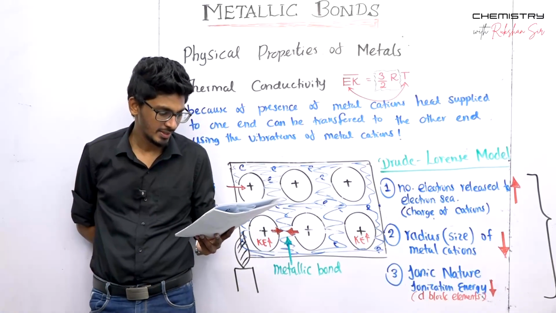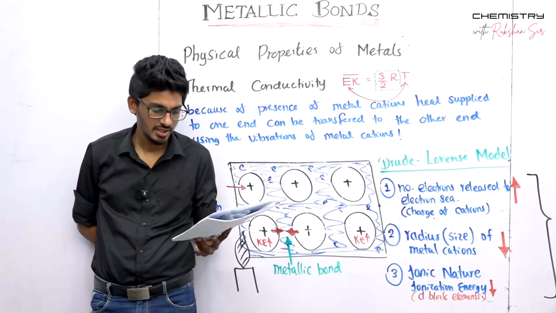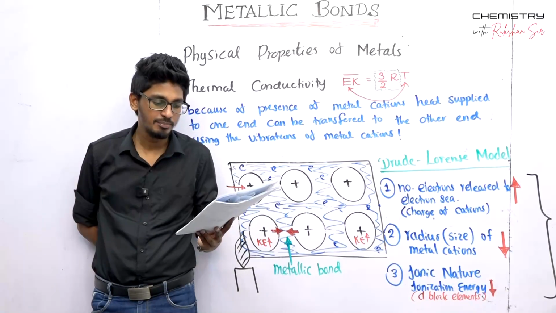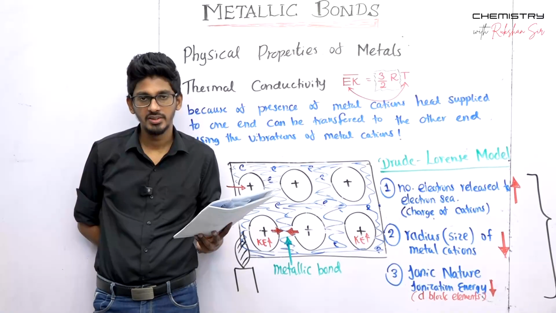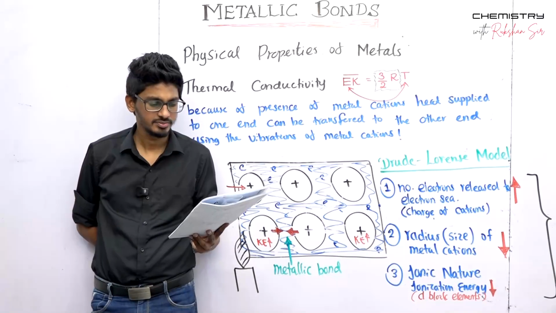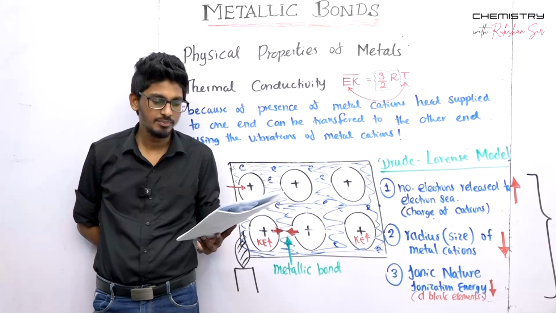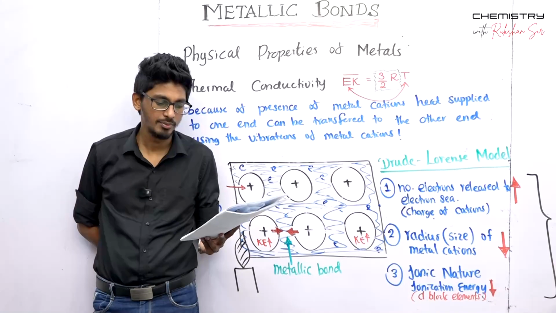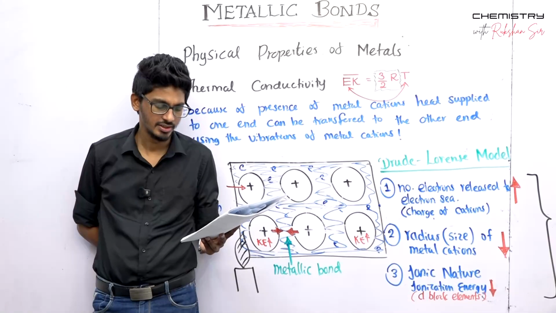It says because of the presence of mobile electrons, that is there, and here we add this as well: and due to the vibrations of metal cations. Because of the presence of mobile electrons and due to the vibrations of metal cations, that is okay. Then the things are clear.